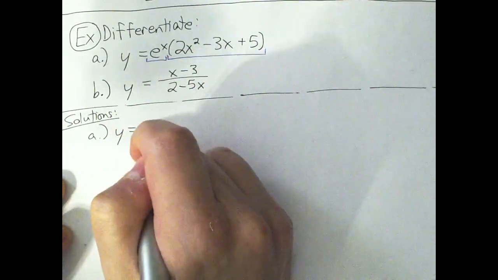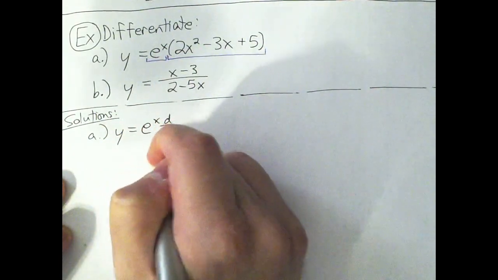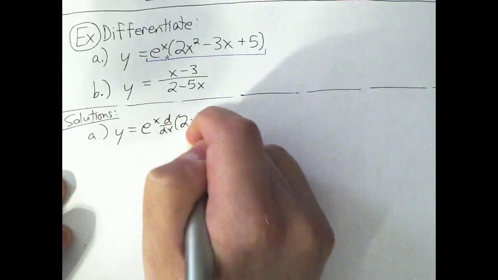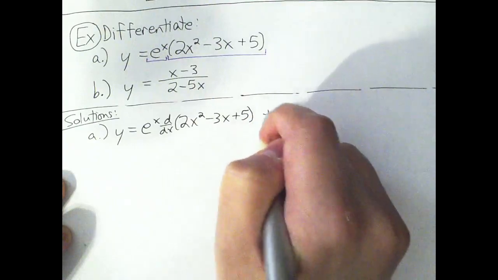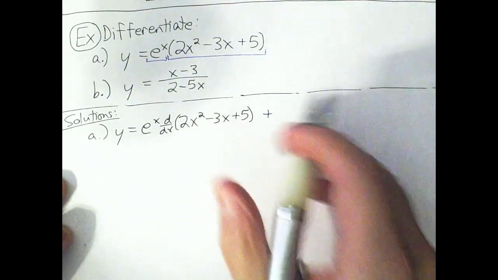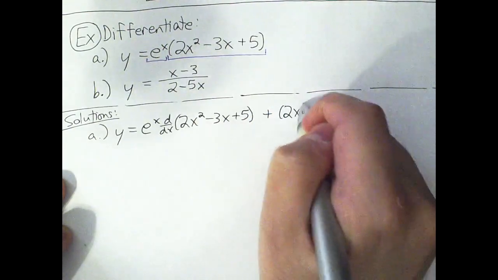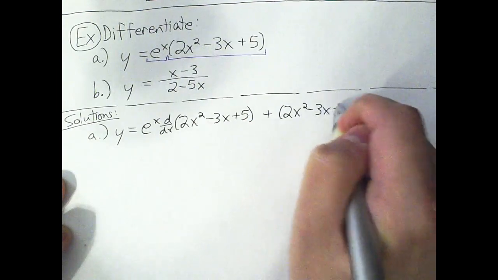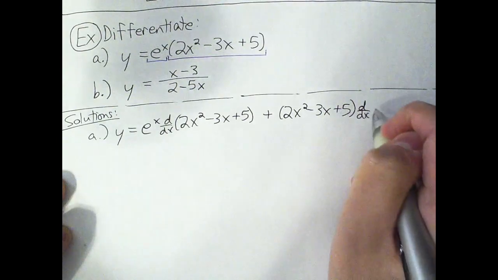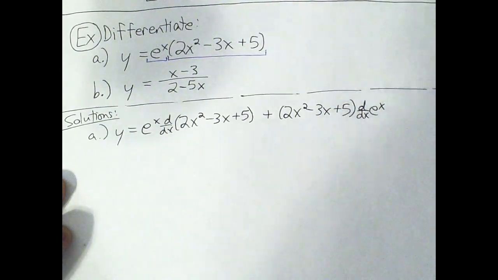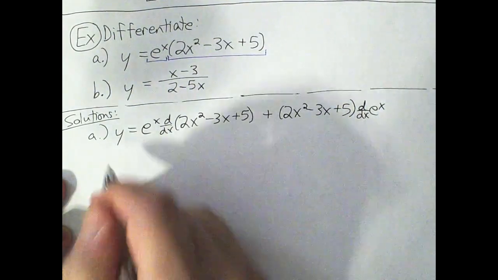So first function times derivative of the second one, plus sign, because we're doing the product rule, second function times derivative of the first one. I know what that derivative is going to be. We could have just differentiated as we go.